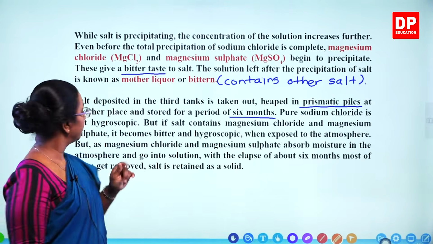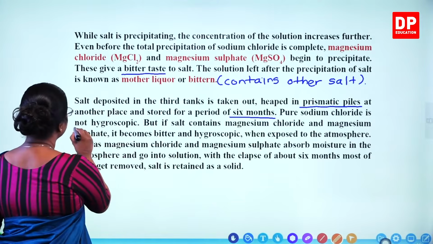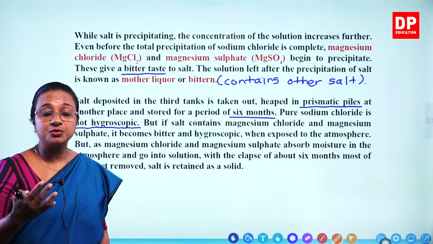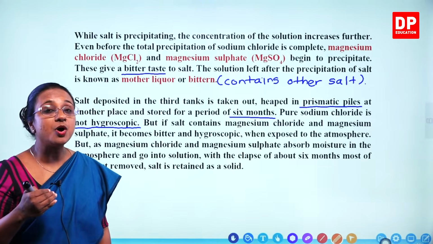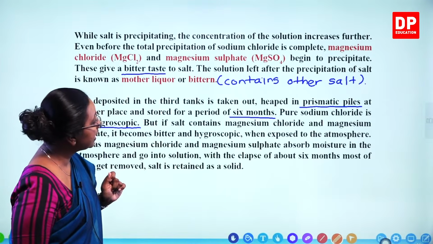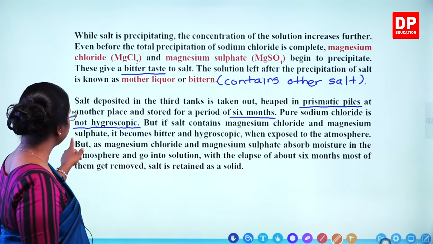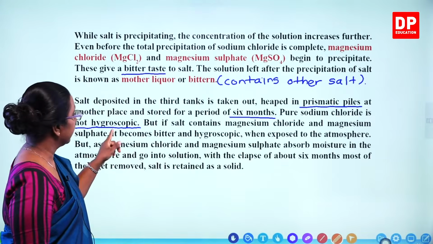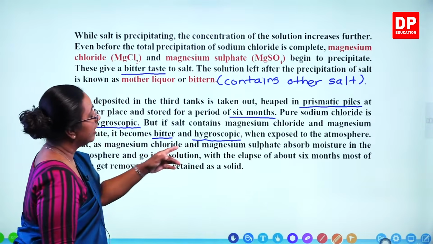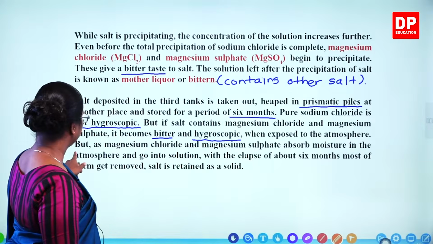Pure sodium chloride is not hygroscopic. What I explained to you, hygroscopic means they can absorb moisture from air. But if salt contains magnesium chloride and magnesium sulfate, it becomes bitter and hygroscopic when exposed to the atmosphere.